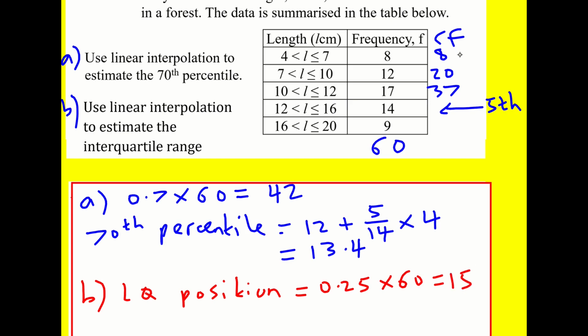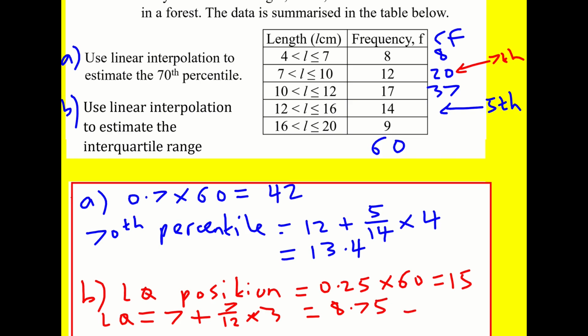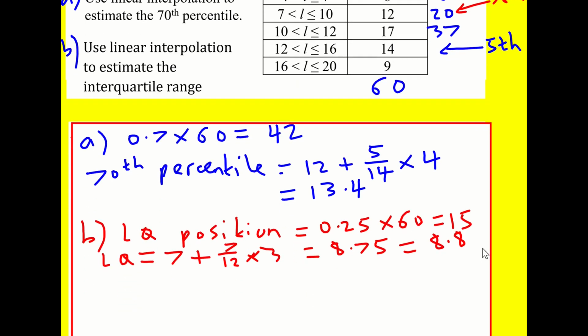And then if we're using our cumulative frequency, we can see it's going to be the 7th value in this second group. So it's going to be 7 plus the fraction 7 over 12 times the width, which in this case is 3. Which is 8.75 or 8.8 to 3 significant figures. I'm not writing that down, but yes, I've rounded it.